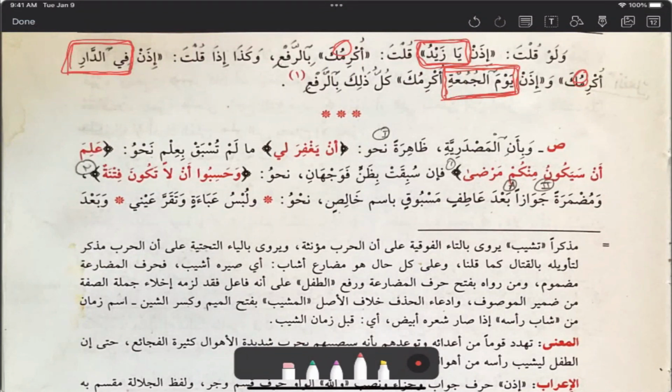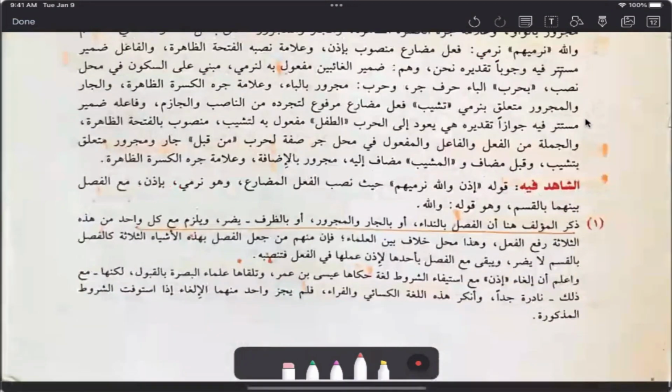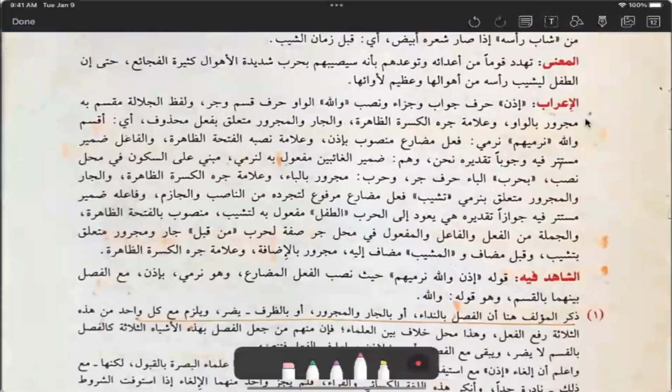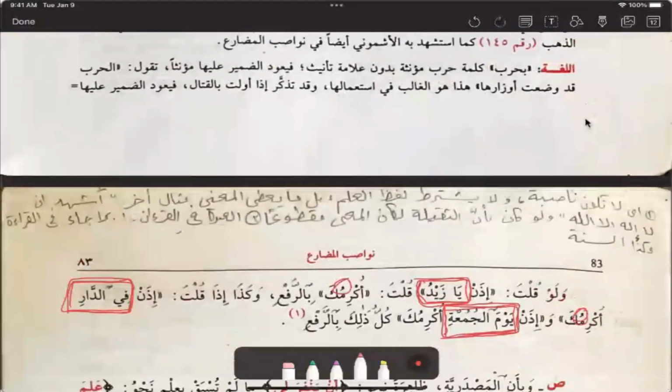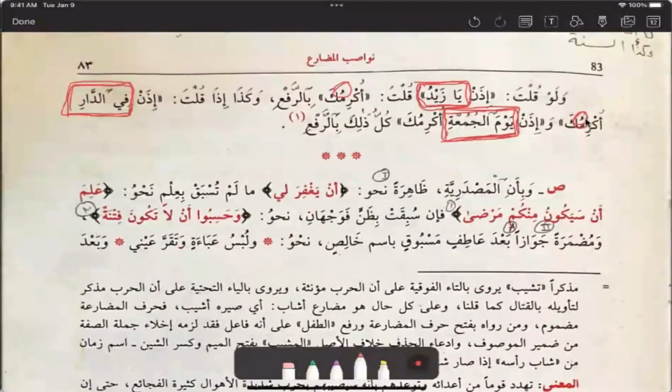So that's all I have prepared for you today. Yani, I didn't prepare more. As you see, that's the end of my file here. I've been taking shots from my own personal asl. Asl means origin or source. So your asl is the book that you took.